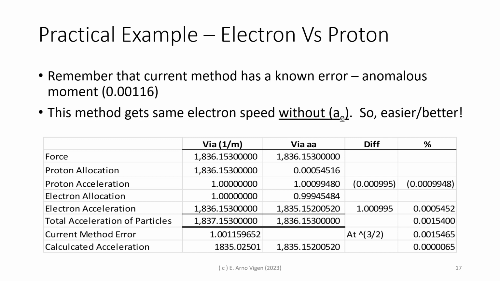All right, so now if I take here in the left column via 1 over m, the current method, and I take the force of the proton and the electron, I'm going to have the combination of those accelerations. So relative to the first one, the combination is, say, going away at 1837. 1 plus the 1836.